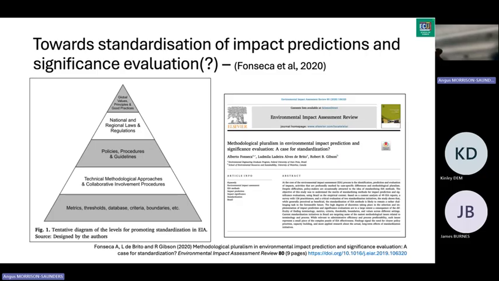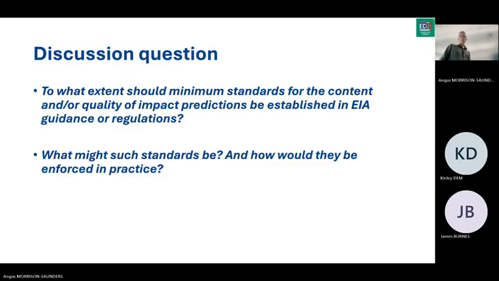So that was the thrust of that thinking there. And that lends itself to the discussion question that underpins this module, which is about minimum standards. Should we actually have prescription standards for how we do impact prediction in EIA? If we do, what sort of standards should they be? What might they say? And how would we enforce them?